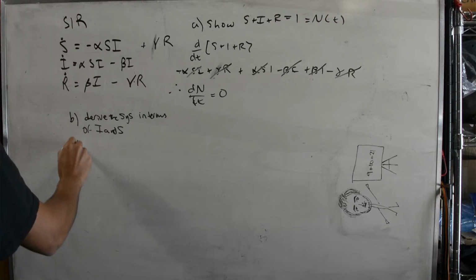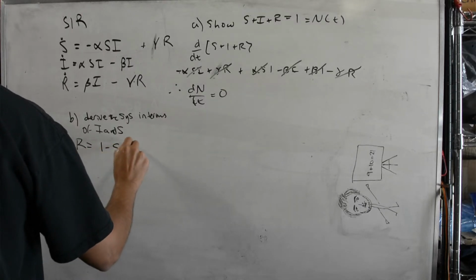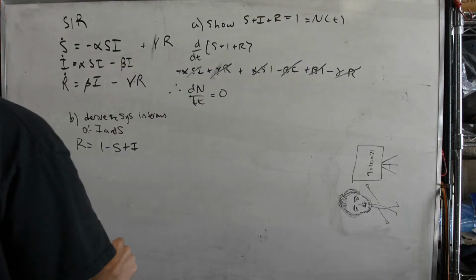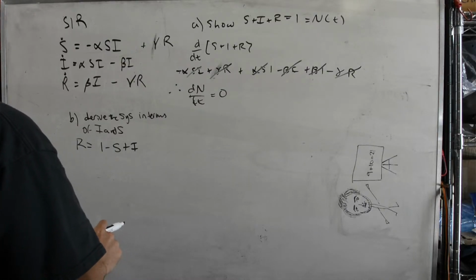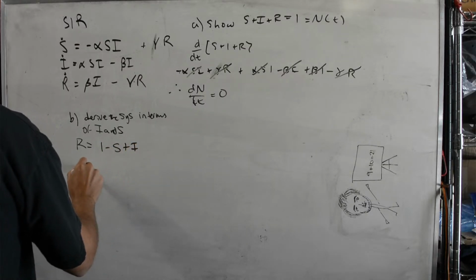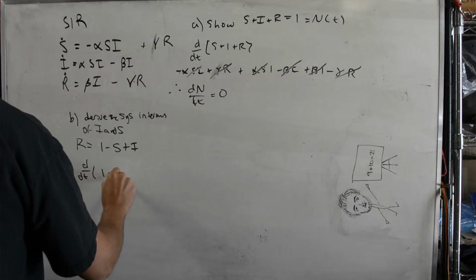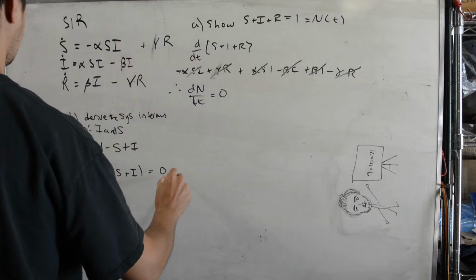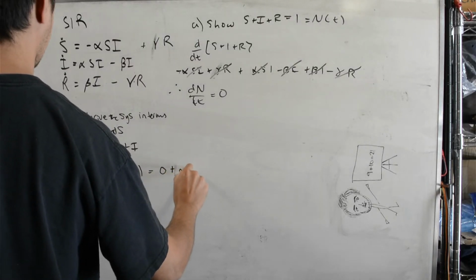Okay, so by letting R equal to 1 minus S plus I. So if R is equal to this, then we should be able to take d/dt of 1 minus S plus I, which is going to be equal to 0 plus alpha SI.